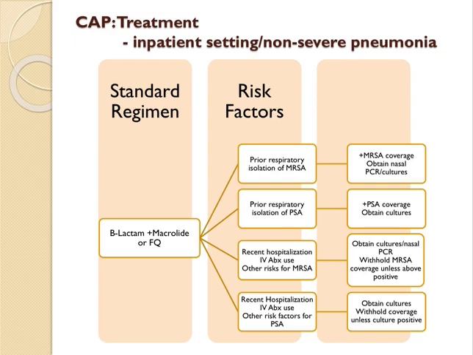On the other hand, if you look at the bottom portion, what it tells us is that if you have other risk factors such as recent hospitalization or IV antibiotic use within the 90 days, the recommendations are to obtain cultures and the MRSA nasal swab, but generally the MRSA and Pseudomonas coverage can be withheld in this patient population unless culture results are telling you otherwise.